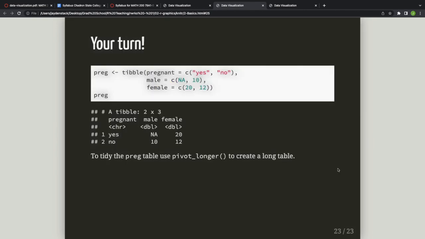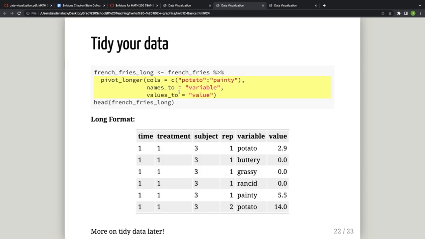Again, now take a look and just try to utilize this pivot longer function just to get a little bit of practice. Again, we'll talk about it next week or in a couple weeks as well about how to tidy our data. But it's very, very important as we build our basic graphs that we need to get our data into its own specific format for us to build these good looking graphs.